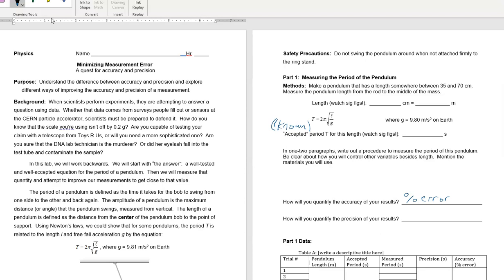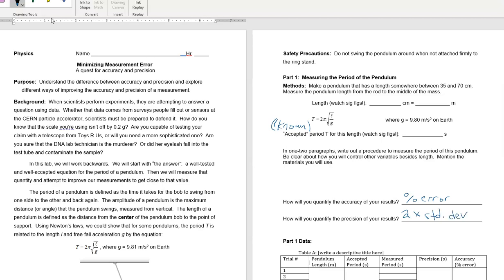And if you looked at your notes, you remembered that the way we get precision for a set of measurements is, as we did in our practice sheet, 2 times the standard deviation of the trials.